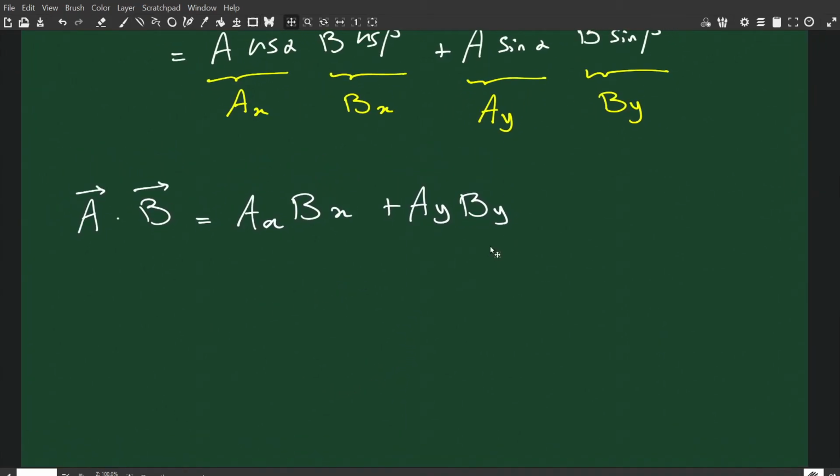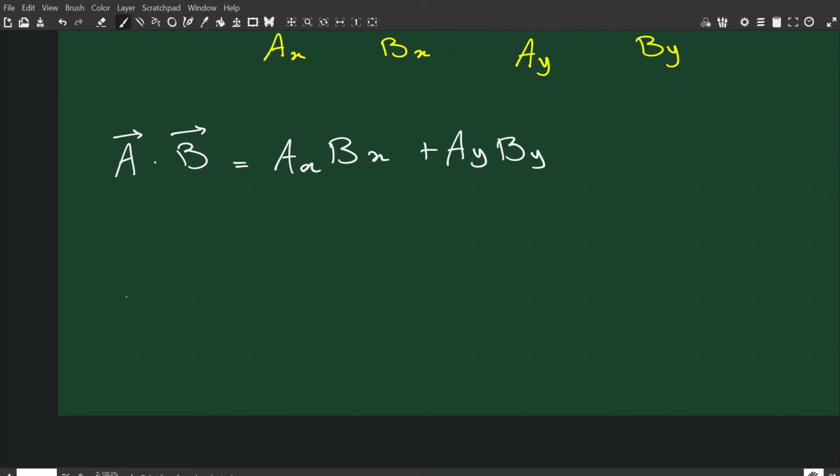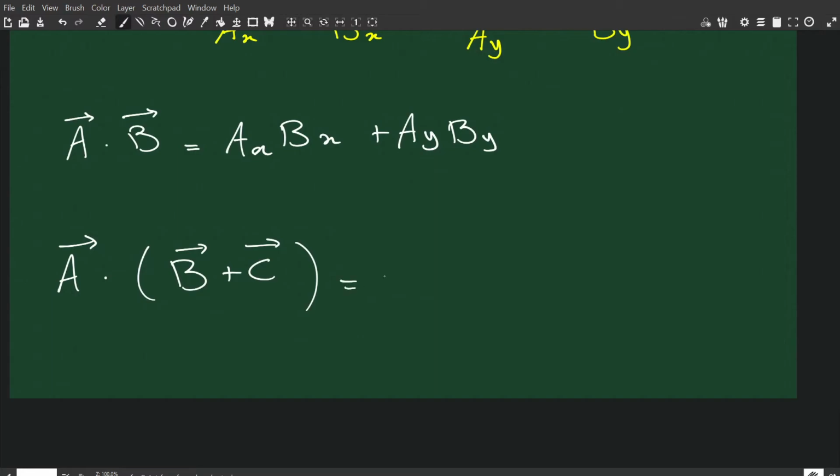if we dot a vector with the sum of other vectors, for example A dot B plus C, you can write B plus C as vectors in different coordinates in Cartesian.